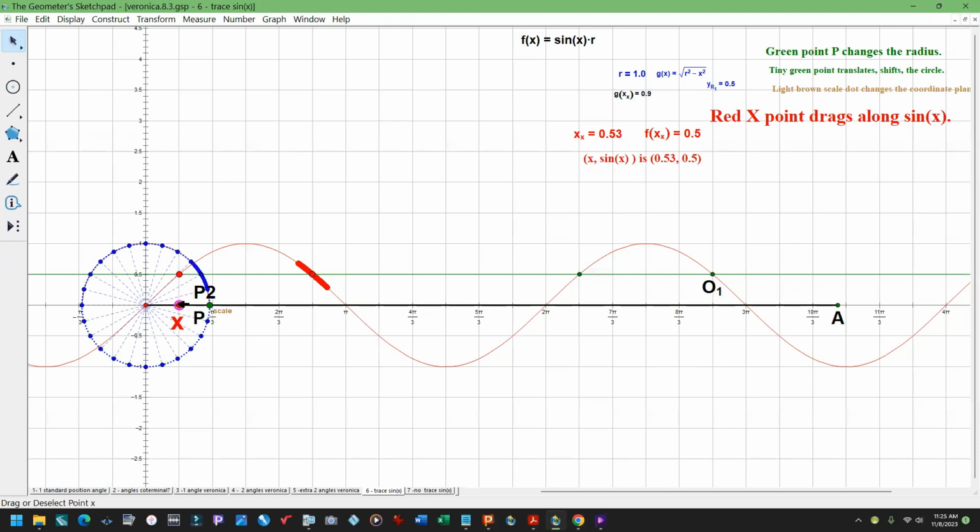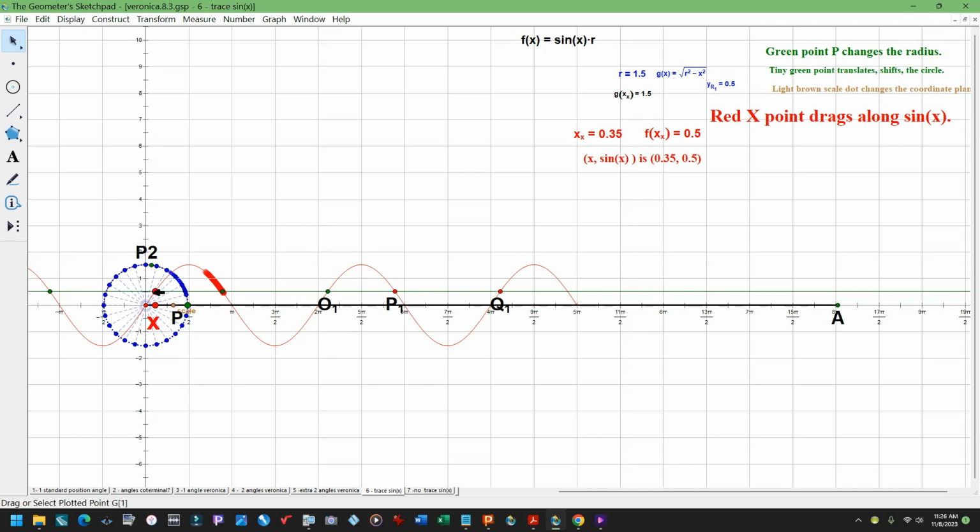Here it's in the first quadrant. Here it's in the second quadrant. Here it's in the first quadrant after 2 pi. And here it's in the second quadrant after 2 pi. This answer happens every 2 pi, and the other answer happens every 2 pi.